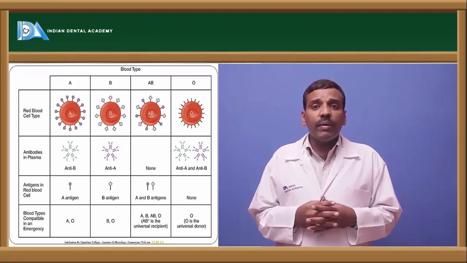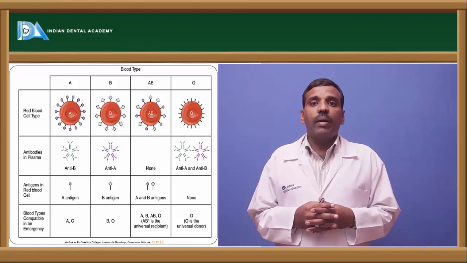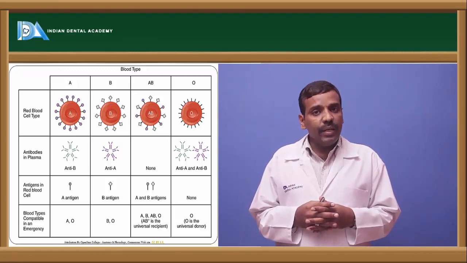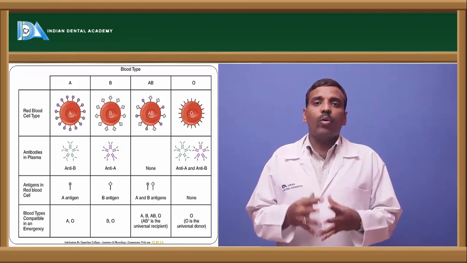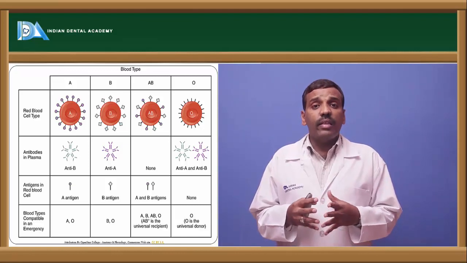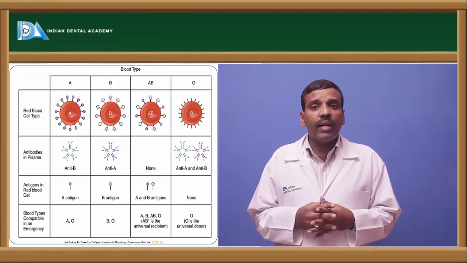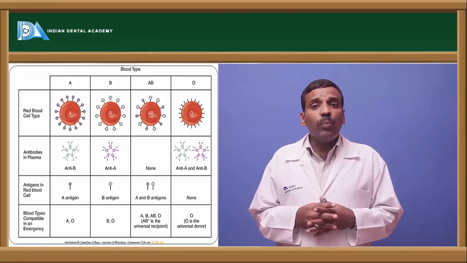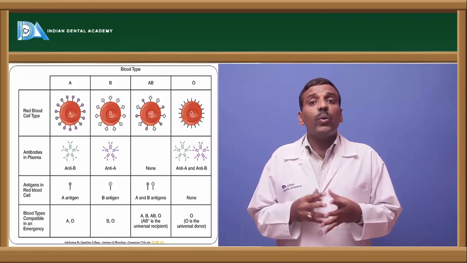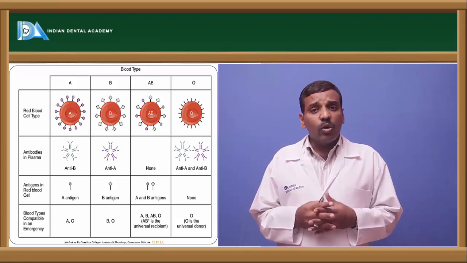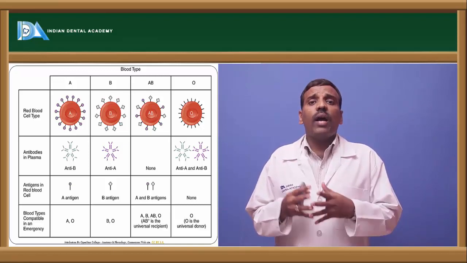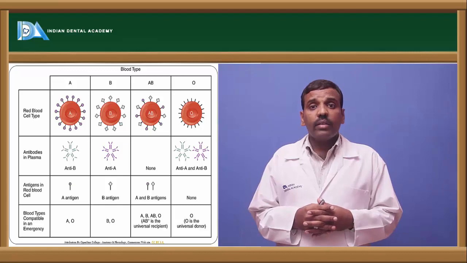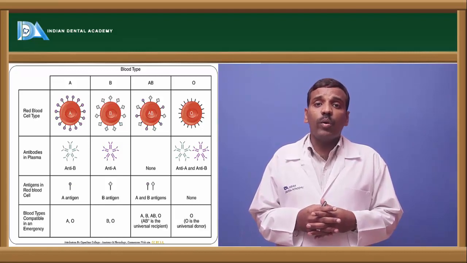An AB person can receive blood from A, B, AB and O groups, and can donate blood only to the AB group. And an O group person can donate blood to anyone, like A, B, AB and O groups, but can receive blood only from O people.